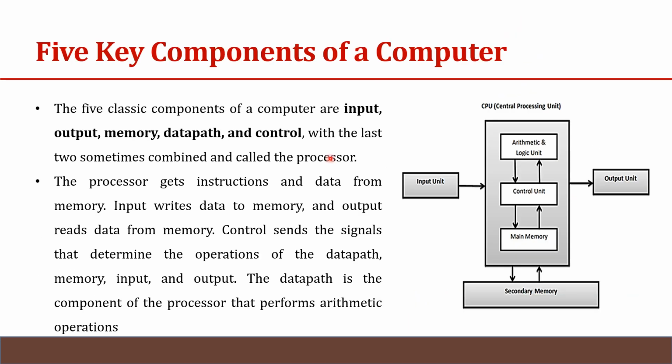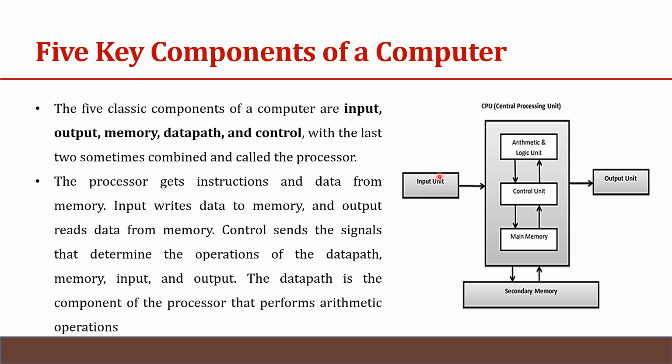Now let's discuss the components of a computer. The five classic components of a computer are input unit, output unit, memory, data path, and control, with the last two sometimes called the processor. The processor gets the instructions and data from the memory.